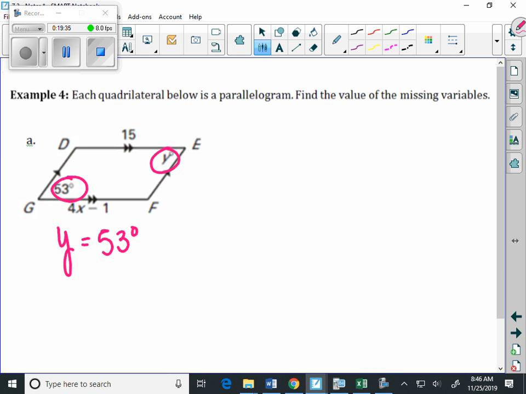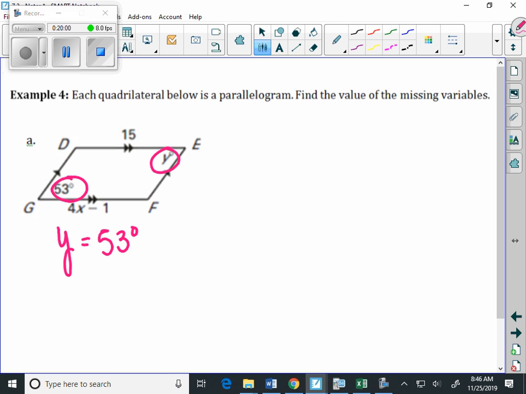Then the other piece that we want to figure out is, well, how big is x? This one is simply asking for x. But a reminder again, back to the qualities of a parallelogram, is that opposite sides not only are parallel, but they are also congruent.